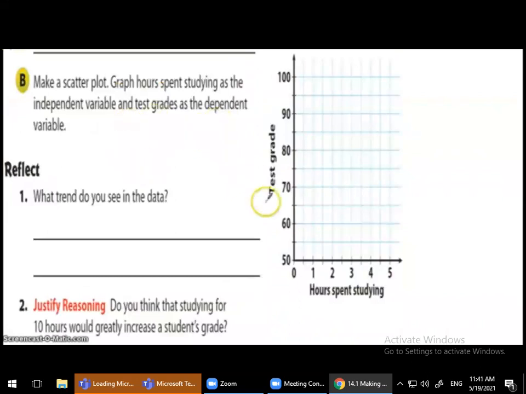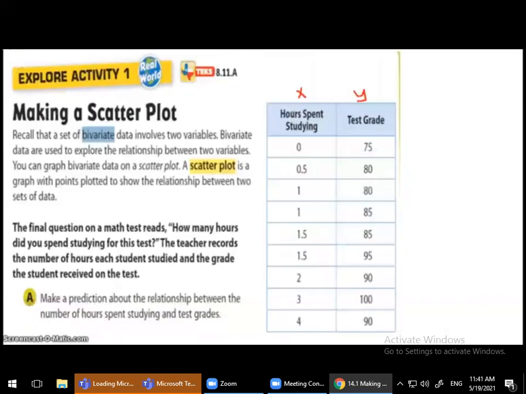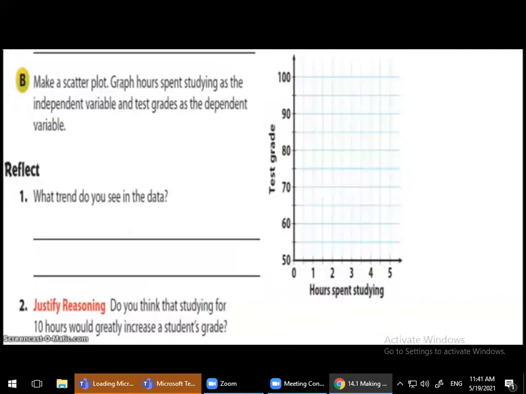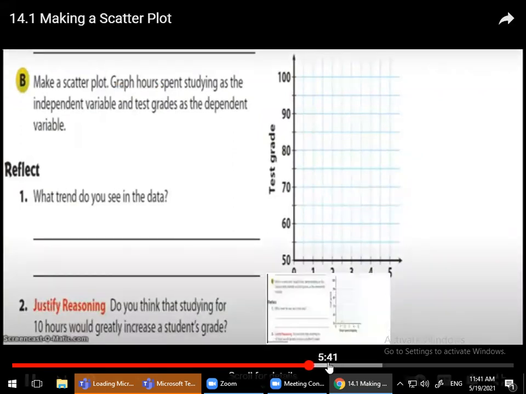So here you want to go ahead and pause and create your points. Remember that the first point was 0 and 75. So you want to go on your x-axis to 0. We will plot the points.